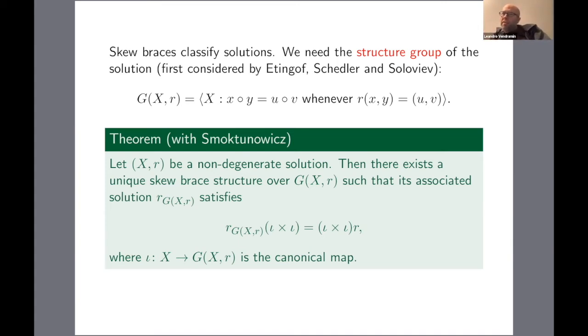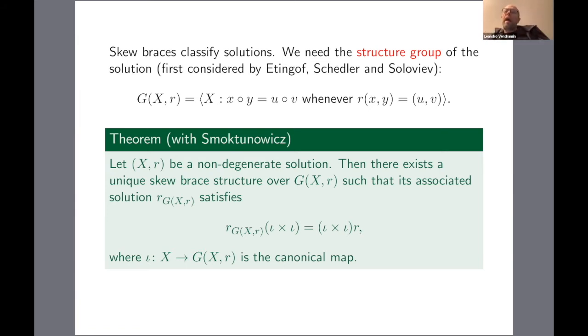Just to say, X times Y is the same as U times V. So you consider the group generated by X with those relations, and then over this group you have a unique brace structure in such a way that your arbitrary non-degenerate solution is some sort of restriction of the solution associated to the brace that you have over this group.